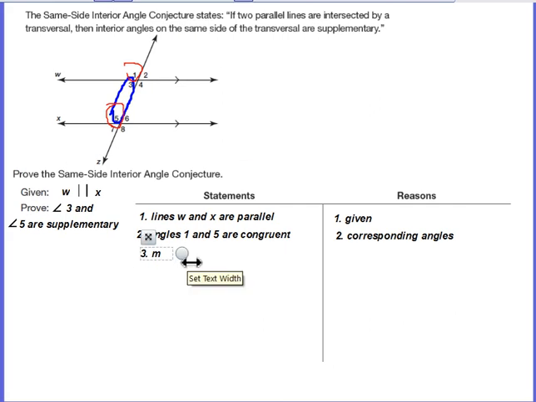We just put here the measures, and of course let's put this all over here. There we go. The measures of angles 1 and 5 are equal. Again, I'm just writing this out in words, but you should know what the symbol is. The symbol will be little m, angle 1 with the equal symbol, little m, angle 5, and that's it.